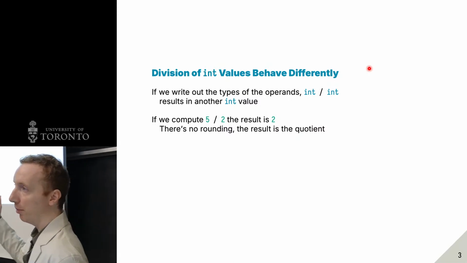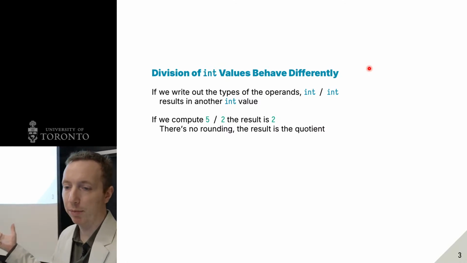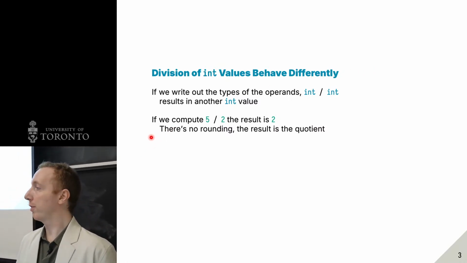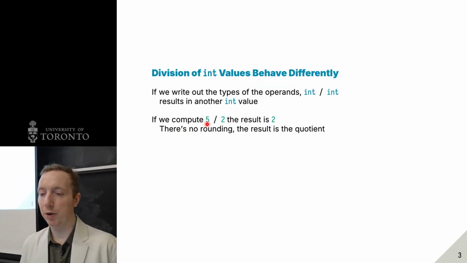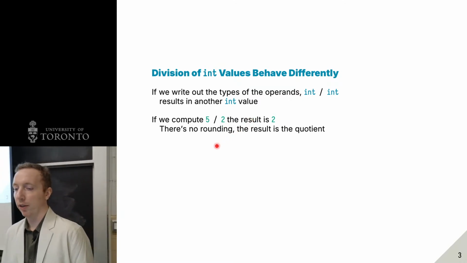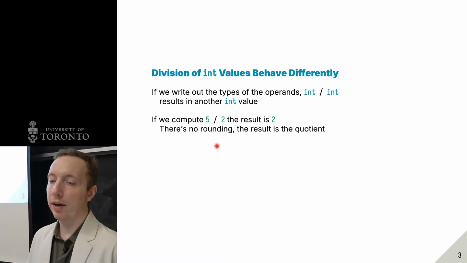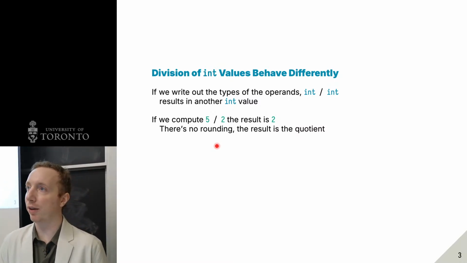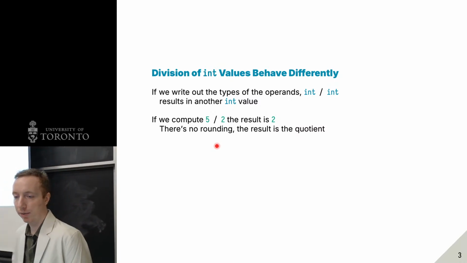It's not a number with a decimal in it, so it's not a double or anything like that. So the first surprising thing might be that if I do 5 divided by 2, the result is 2. There's no proper rounding. The result is just the quotient. It just chops off the decimal point and gives you that as the result.